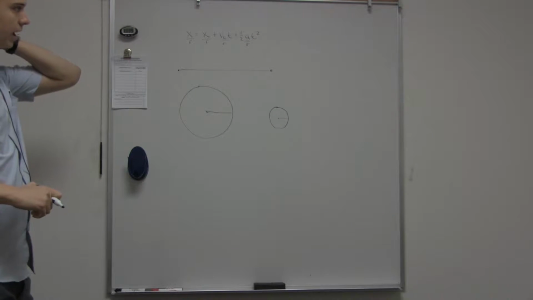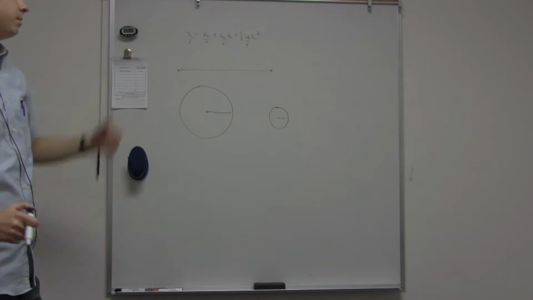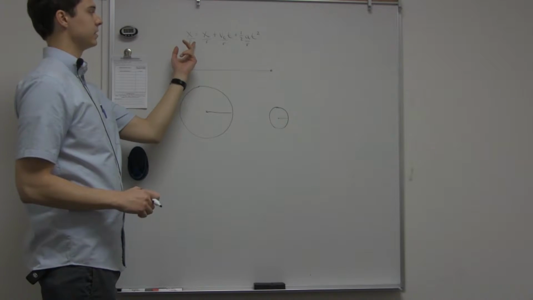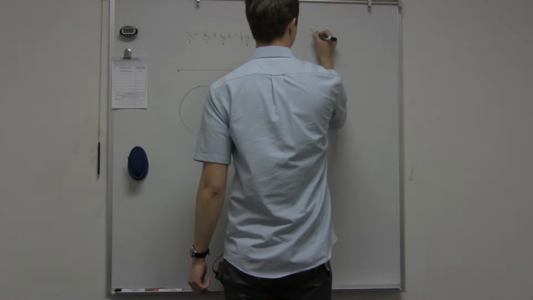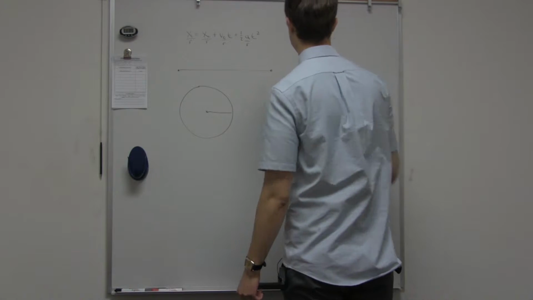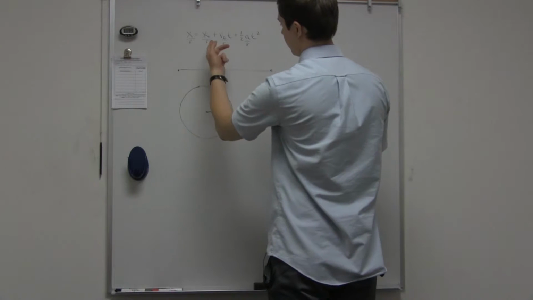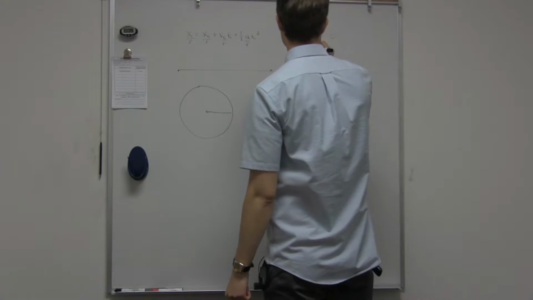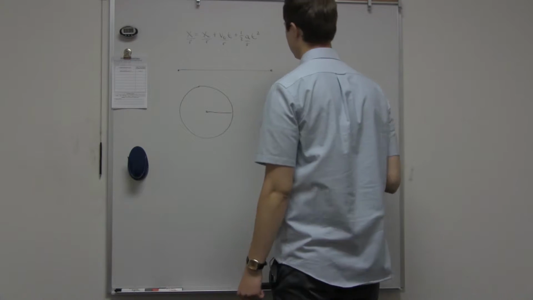If we do that, we could just write it like this and it would be fine. But that looks messy, so what they did was they said, okay, x divided by r is really just theta. And x naught divided by r is just theta naught. v divided by r is omega.